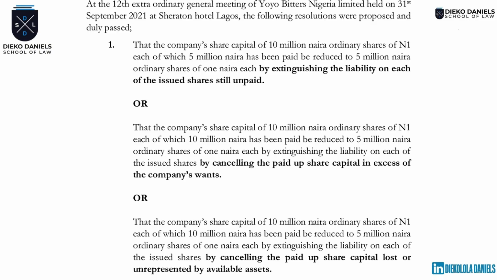So you are reducing it, because 5 million naira has been paid for, to 5 million ordinary shares of 1 naira each, by what? By extinguishing the liability on each of the issued shares still unpaid. Do you understand that? So what they want to see, look at it.